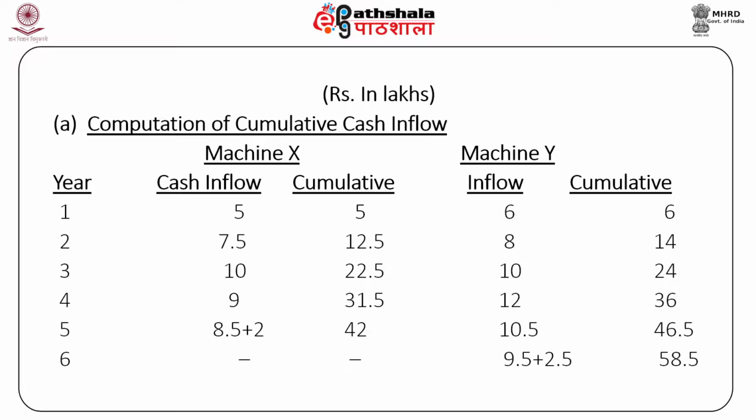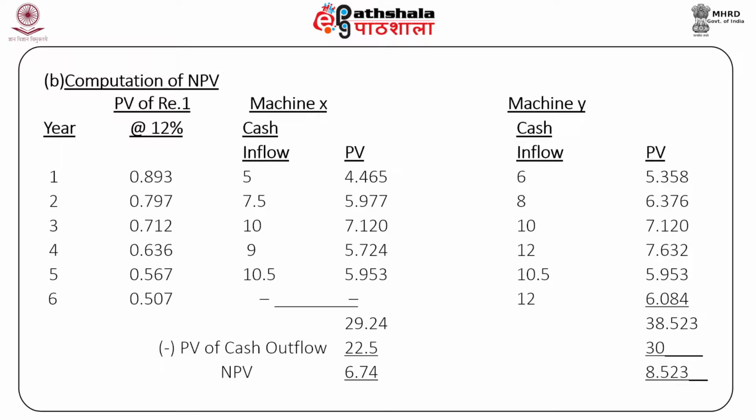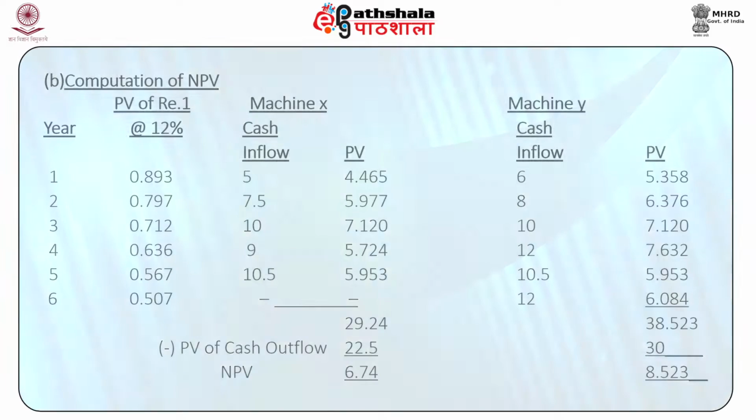The payback period of machine X is equal to 3 years. The payback period of machine Y is equal to 3 years plus 6 upon 12 year, which is equal to 3.5 years. Now computing the NPV of machine X and machine Y. This information is given in this table.